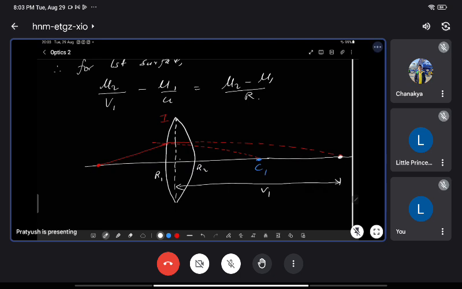Here the image I1 is formed. But at the other point, what will happen? The ray of light will get refracted again, and because of that refraction, the ray of light will bend away from the normal. So the ray of light will go like that.